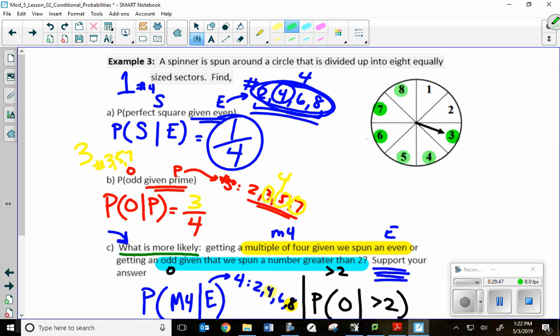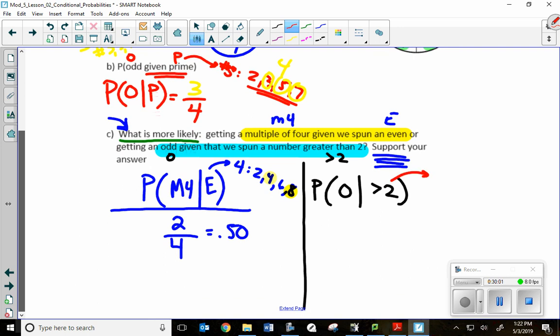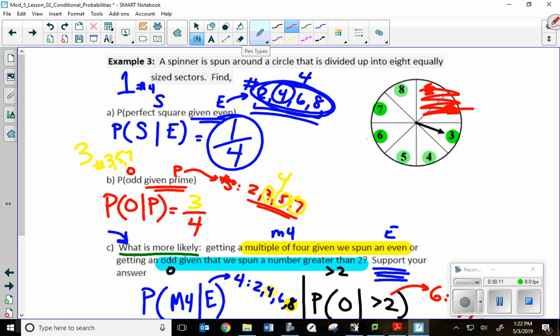Those are all bigger than 2. I don't care about these, gone, like they don't even exist. So out of all the numbers greater than 2, there are 6 of them: 3, 4, 5, 6, 7, and 8. Out of those 6, which ones are odd?